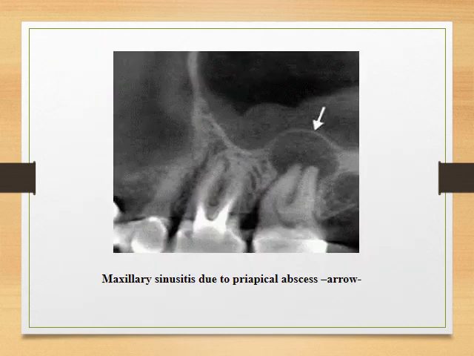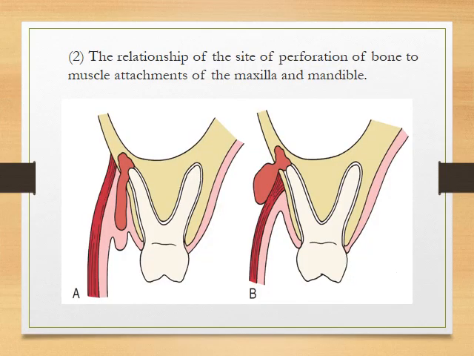Infection may spread to the maxillary sinus if the maxillary posterior teeth are embedded in the sinus or near the sinus. The other factor that determines the spread of pus or infection is the relation of the site of perforation of infection in the bone to the muscle attachment in the maxilla or mandible.